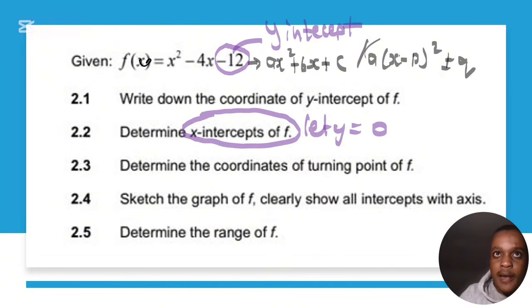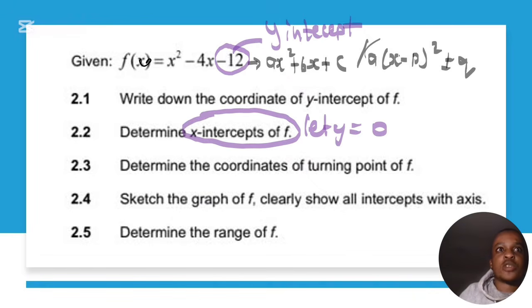So we let y become 0, and in this place of f of x, we substitute 0 there. Then you do your factorising, then you solve for x, and those are the critical values. Those are the roots, the x values of the function, right?